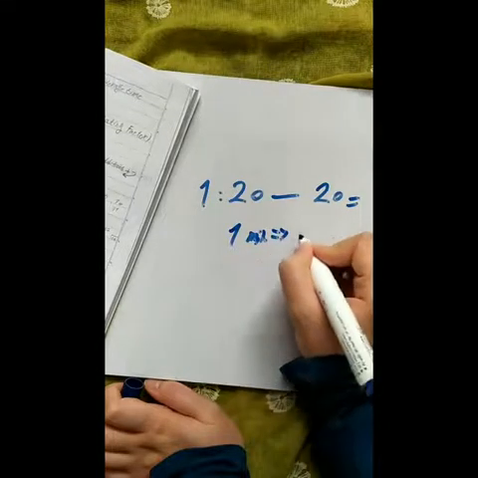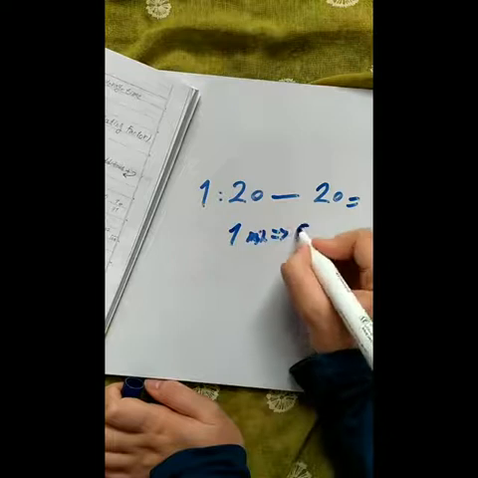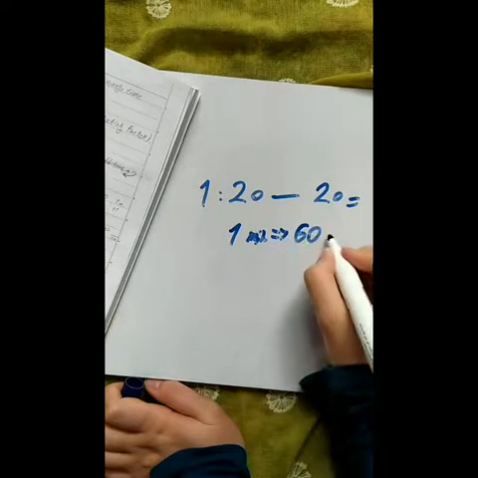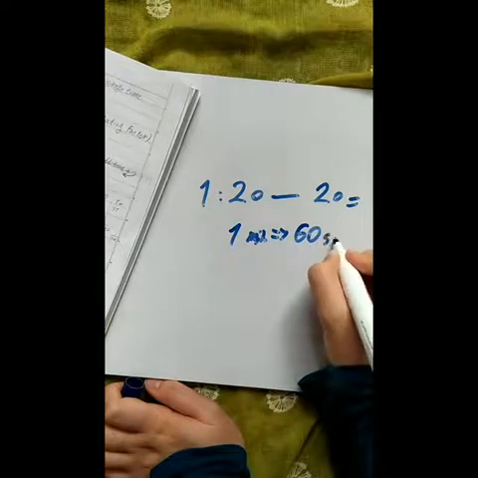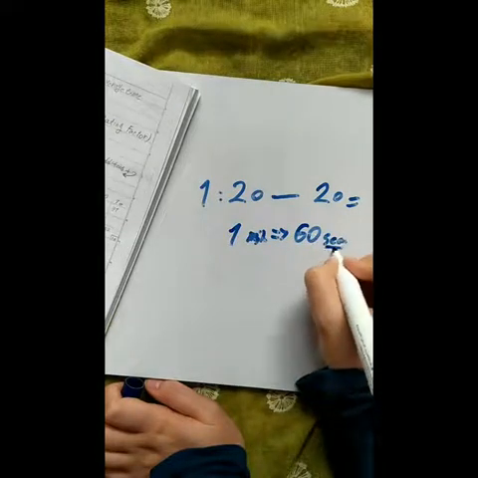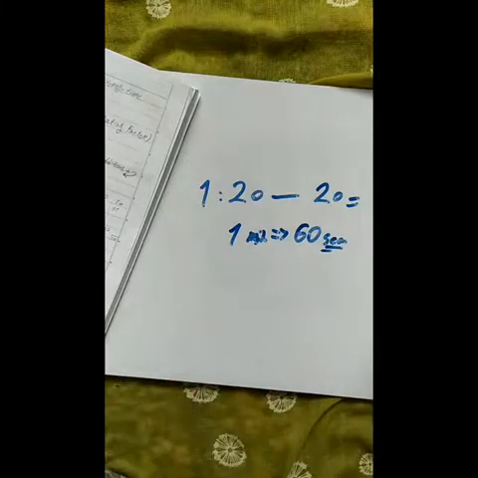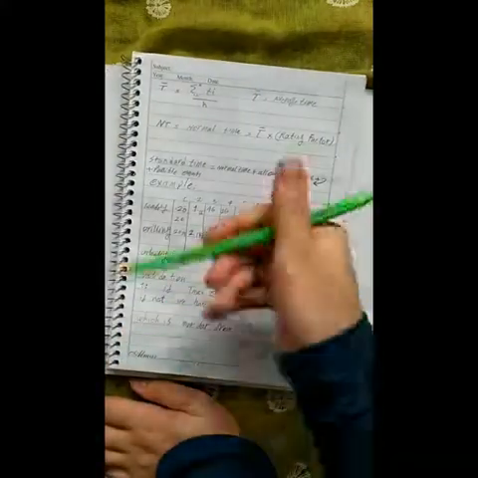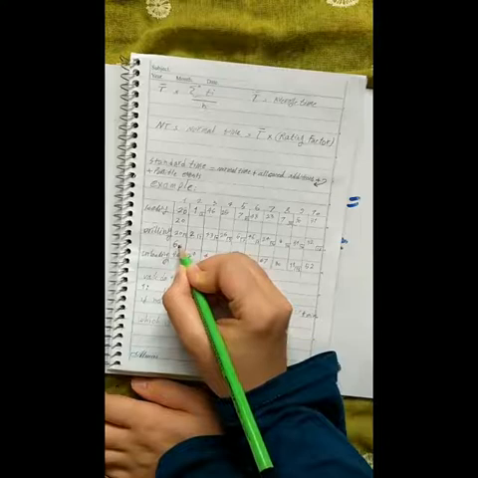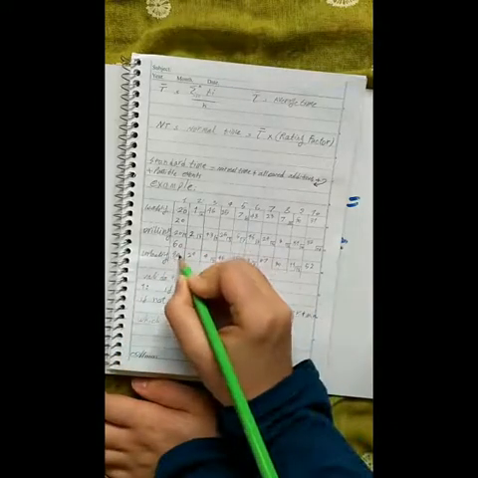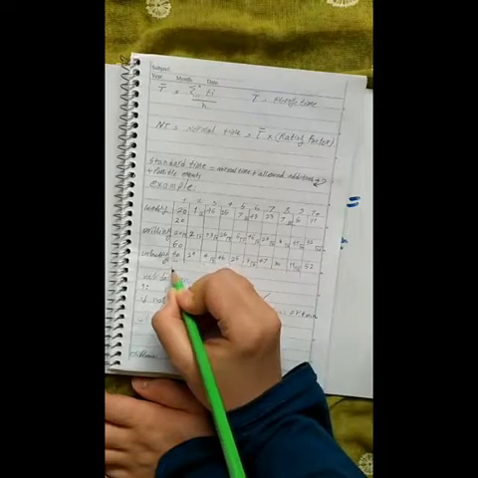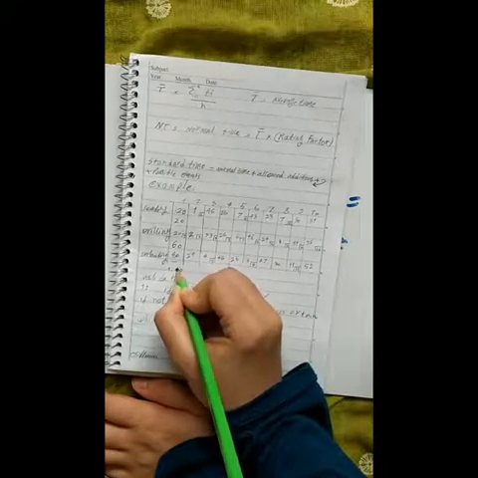So we write it like this, because we want to write it in seconds. It's 60 seconds. So we write 60 seconds here, and we have 14 here. This means 1 minute and 14.